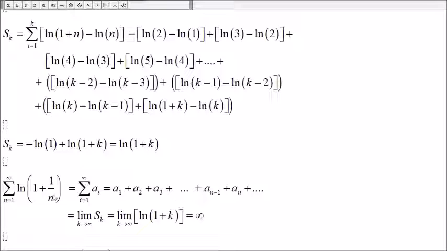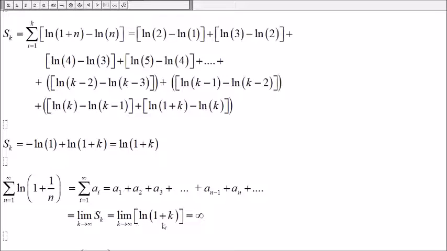This infinite series is the same as the limit of s of k as k runs to infinity. But s of k is ln of 1 plus k.